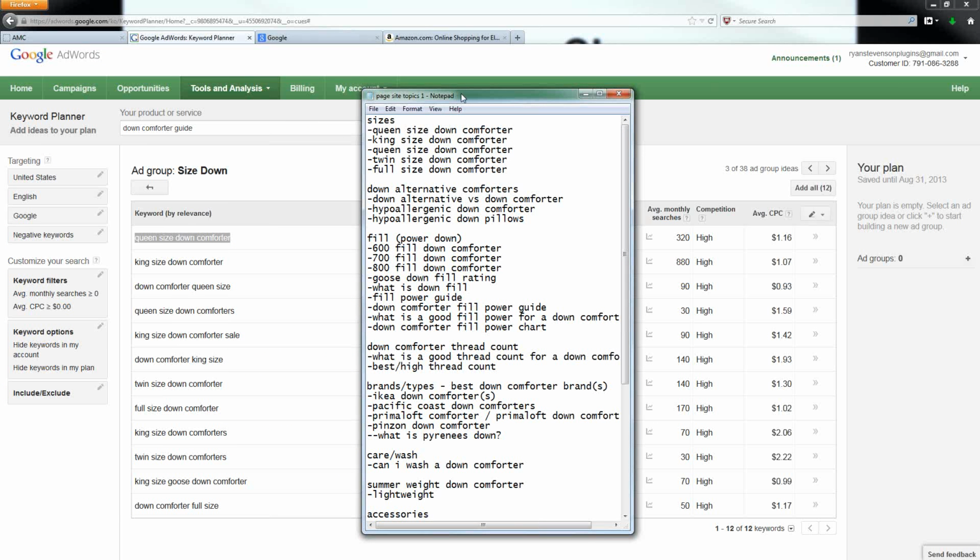And with this initial phase in your site and page planning research, you're not necessarily making a final decision on what your page topics are going to be about. This is simply brainstorming and picking some information out of Google.